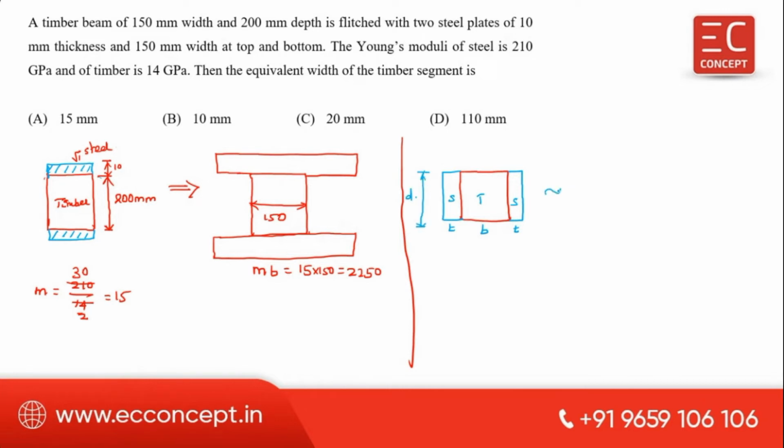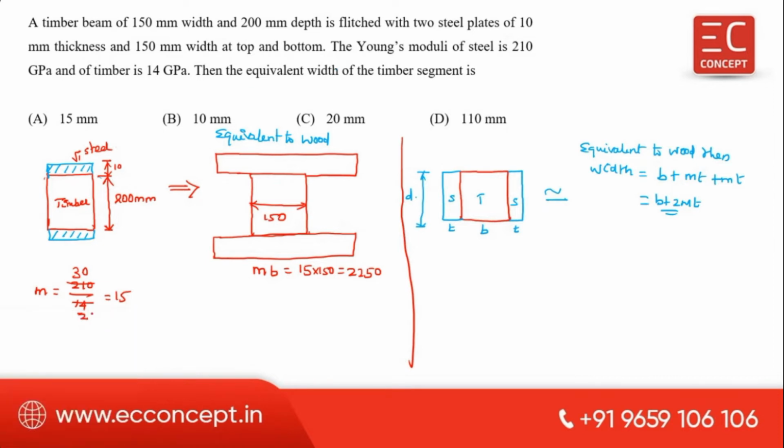Now converting this to equivalent wood, the width is equal to B plus the steel thickness increase, that is mt, and for this one also mt. So it is B plus 2 mt. So this question is actually vague in nature.